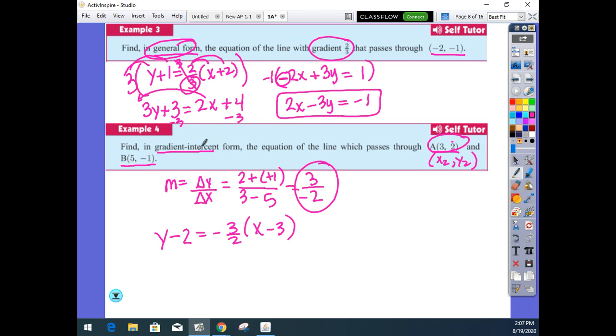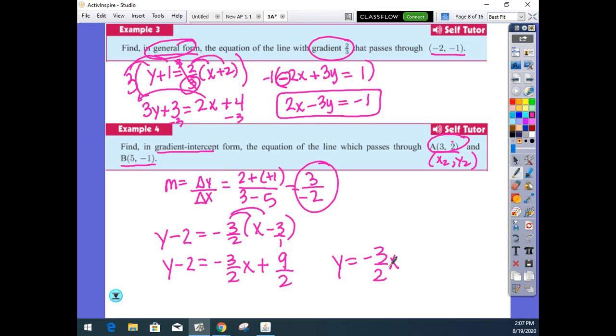This wants gradient intercept, so I have to get y by itself. So first I'm going to distribute my slope. Remember, when we are multiplying fractions, I'm going to put this over 1. -3 times -3 is a +9. 2 times 1 is 2. Then I'm going to add 2 to both sides.